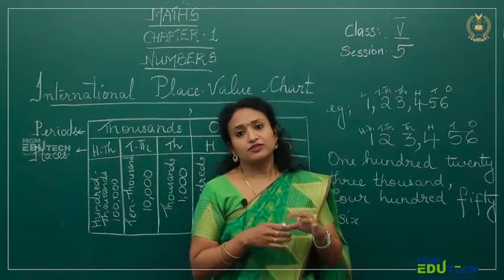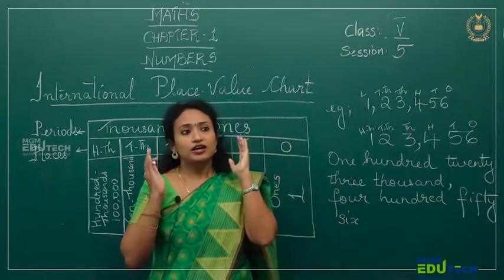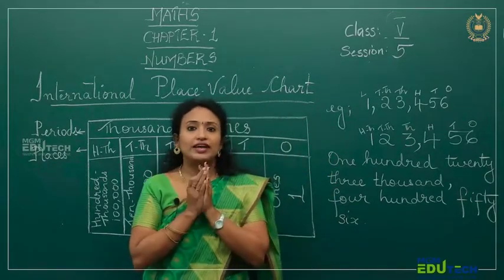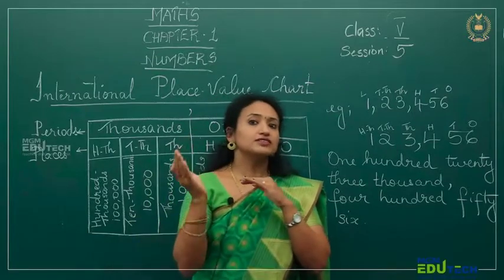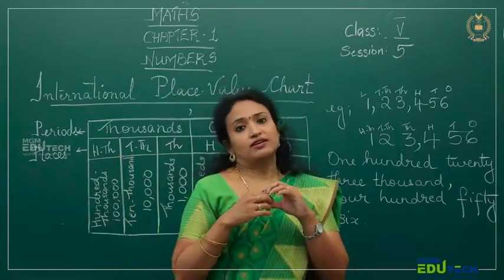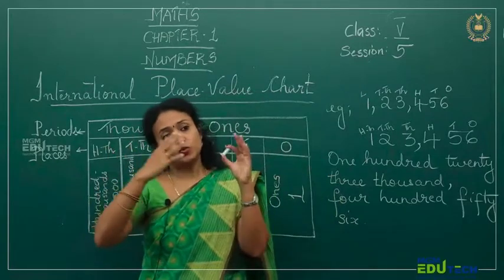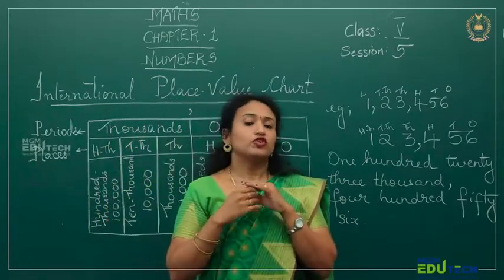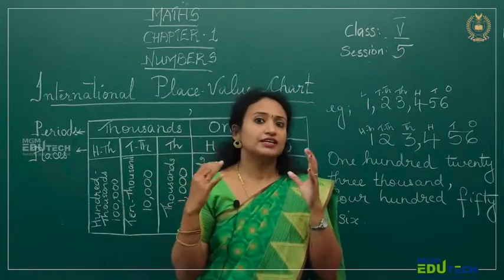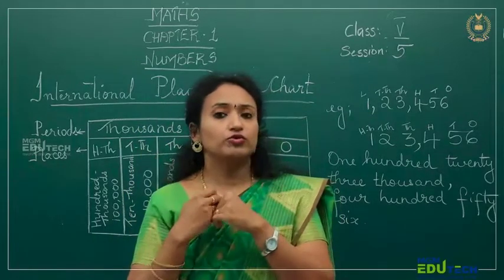So can you just tell me, in our Indian system, we say 1 lakh. So 1 lakh is equivalent to what value internationally? In foreign countries, you don't say lakh. They don't use this lakh. How do they read it?